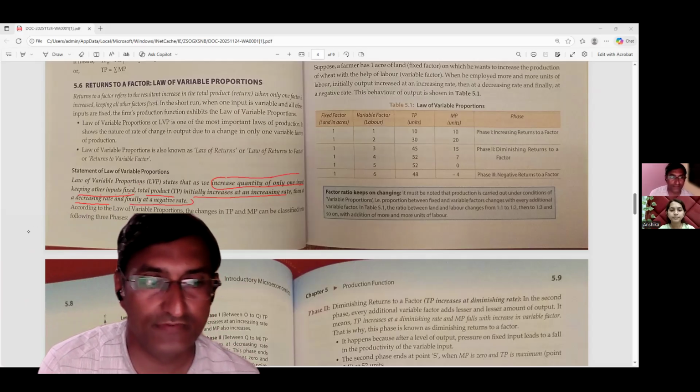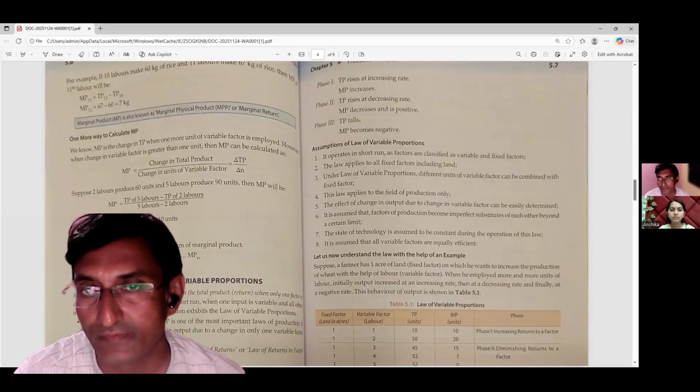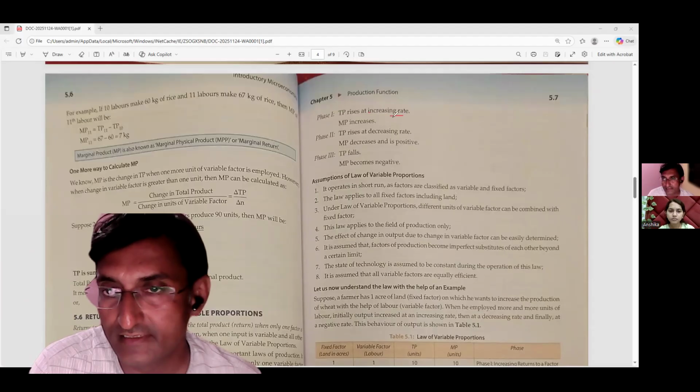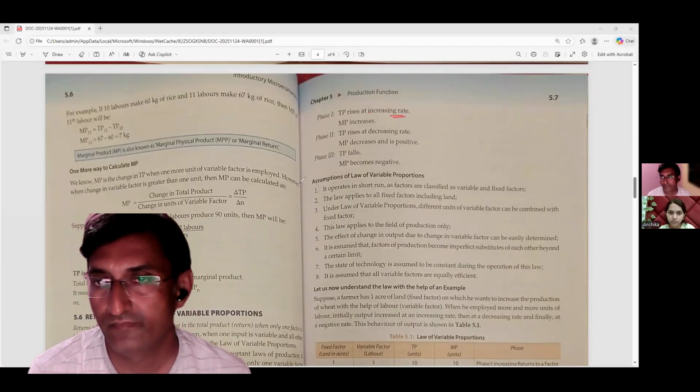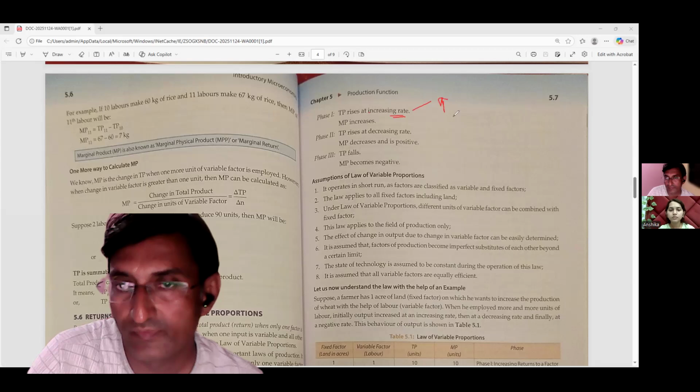In this case, there are three phases, and we are going to discuss only these three phases. Phase 1: TP rises at an increasing rate. If TP increases, MP also increases.